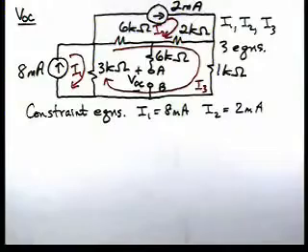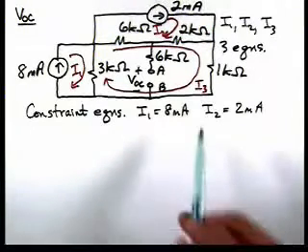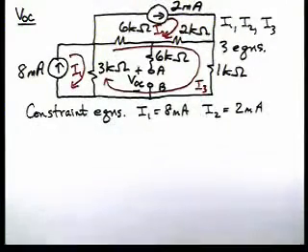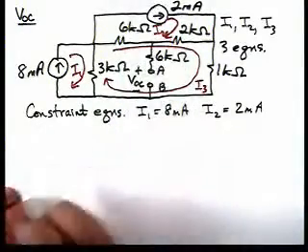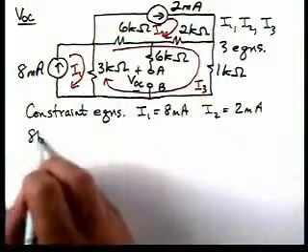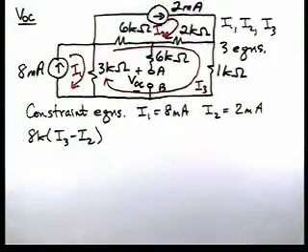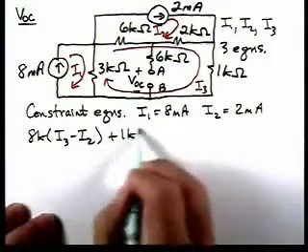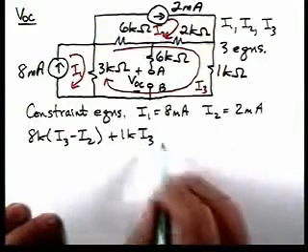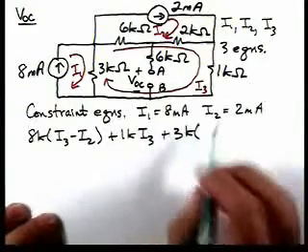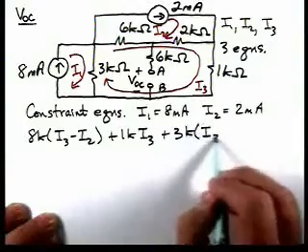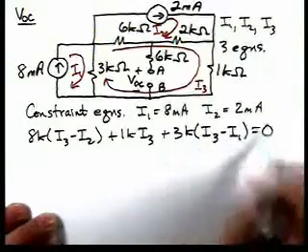we'll apply KVL around this loop to find our third equation. So if we start here, these two resistors will have 8K times I3 minus I2 plus 1K times I3 plus 3K times I3 minus I1 equal to 0.